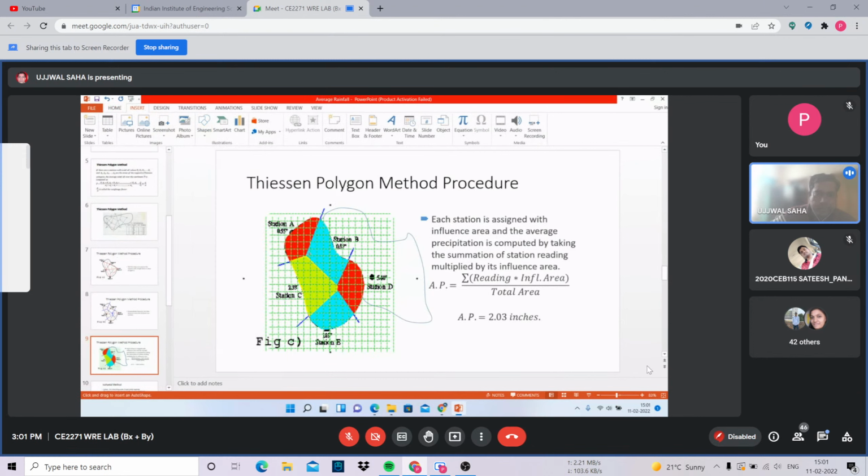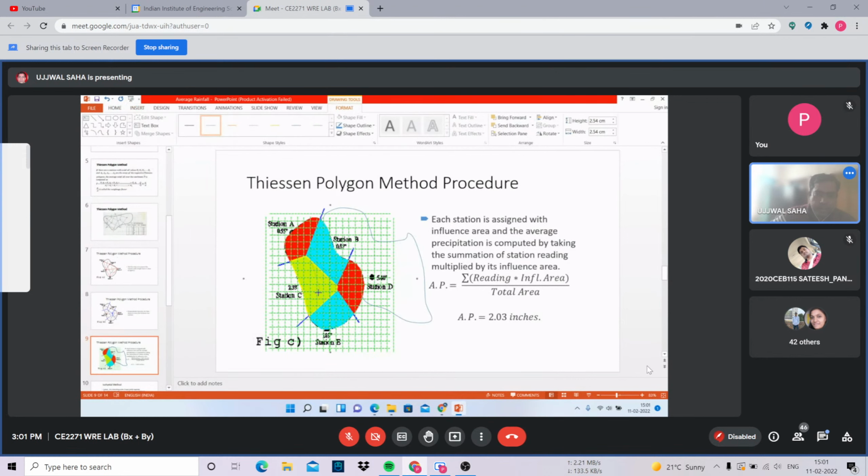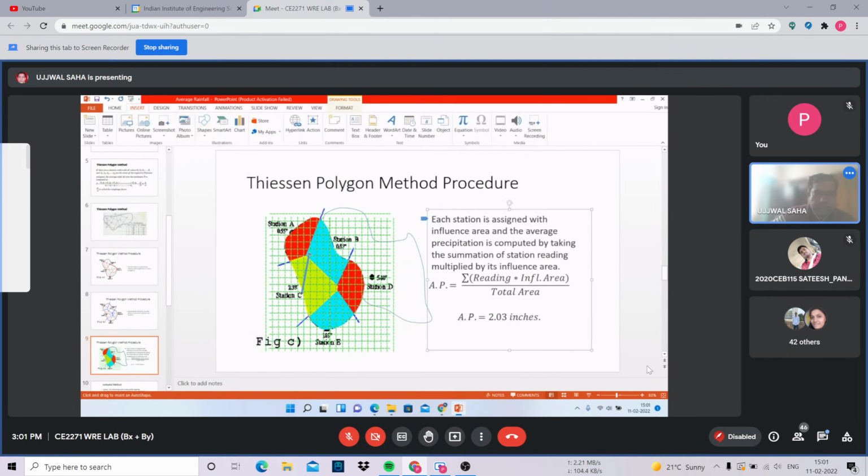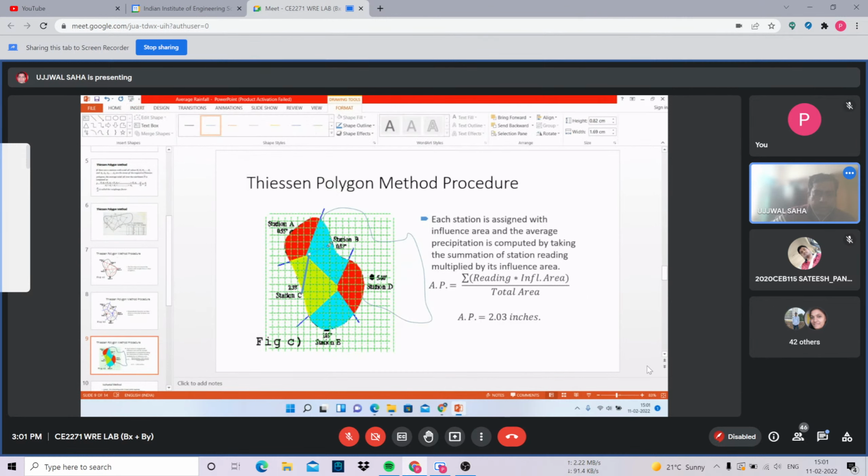So from this point, suppose I draw a line up to station C. Okay. Now I draw another line from here to station B. Okay, station B is here like this, if you see the picture.